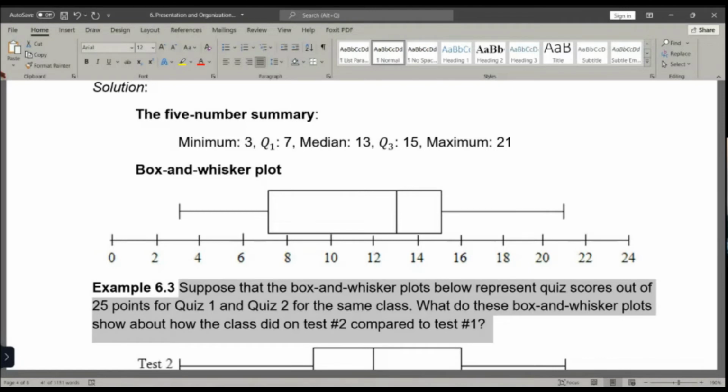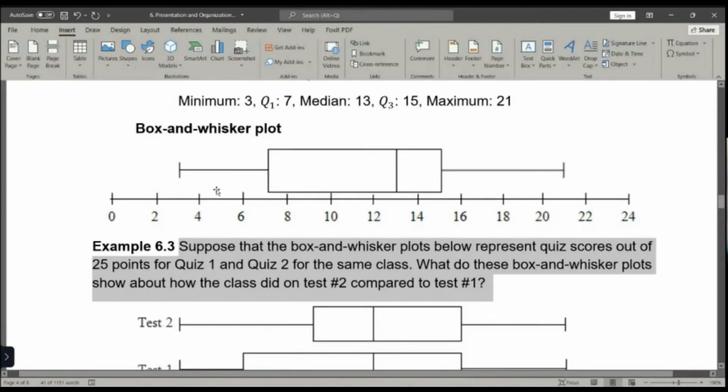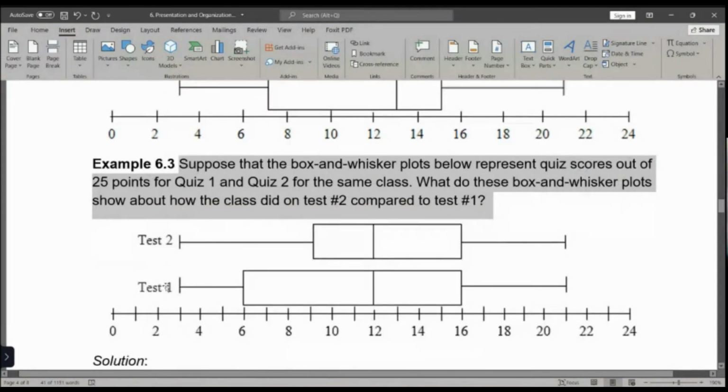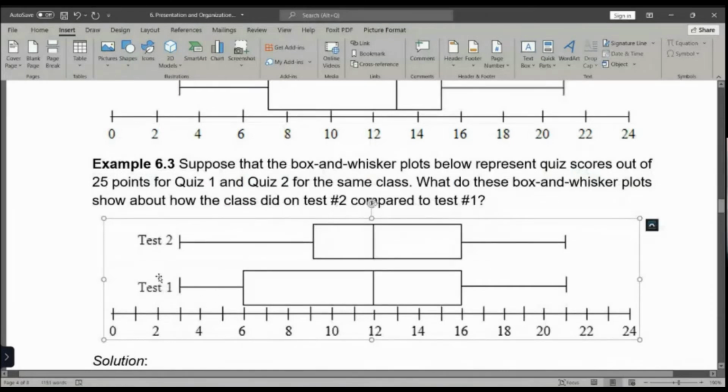What do these box and whisker plots show about how the class did on test number 2 compared to test number 1? Here are the box and whisker plots. This is your test number 1 and test number 2.